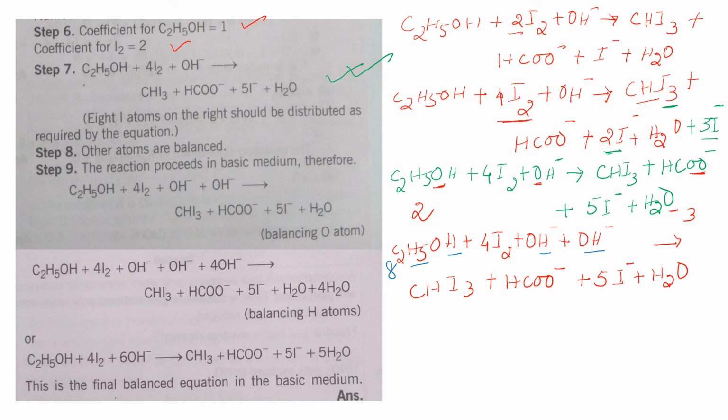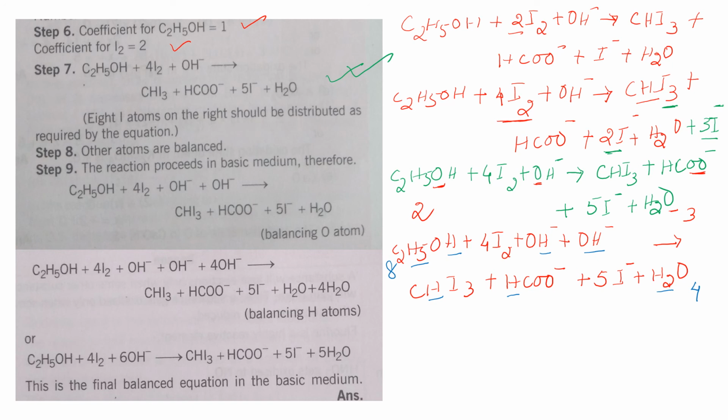And in the right hand side I am having 1, 2 and 2, 4 hydrogen atoms. So to balance hydrogen atom, now what we have to do? To balance hydrogen atom, add 1 molecule of water for each hydrogen atom needed on the side deficient of hydrogen atom, and add an equal number of OH minus ion on the opposite side.